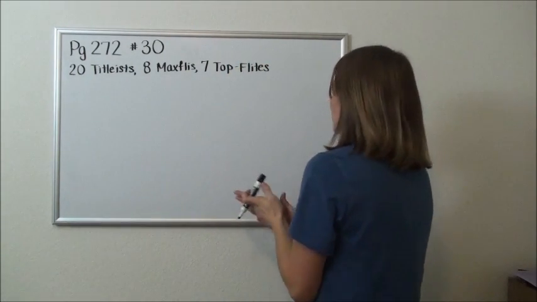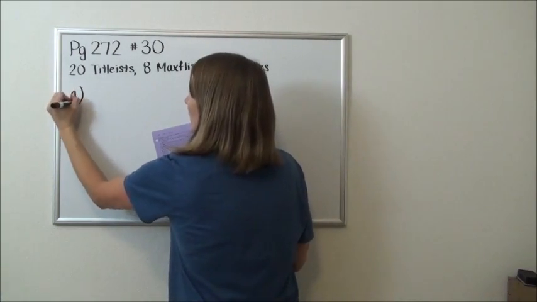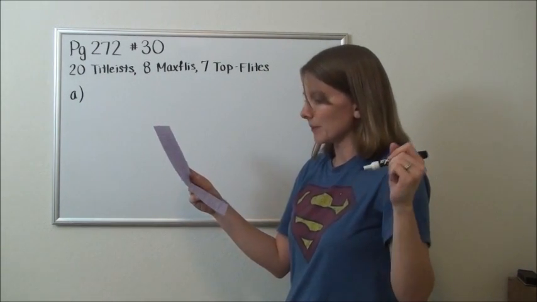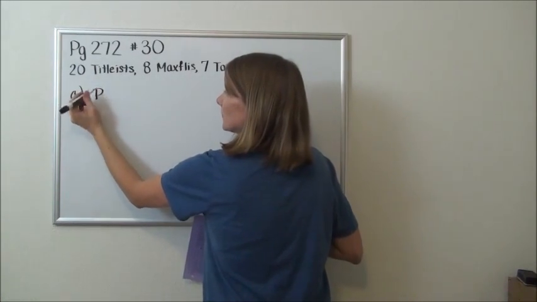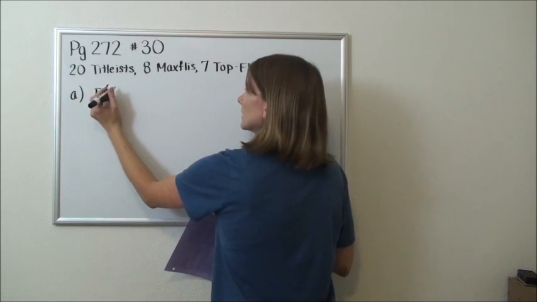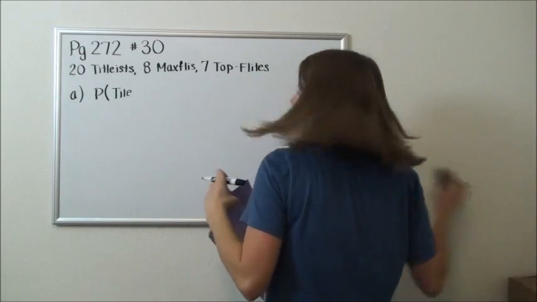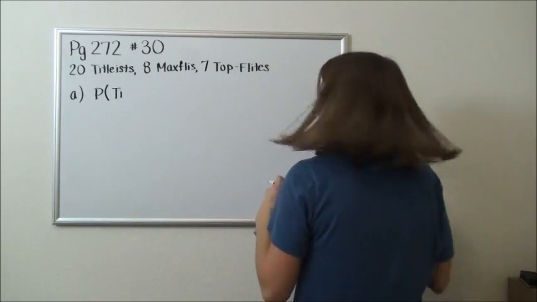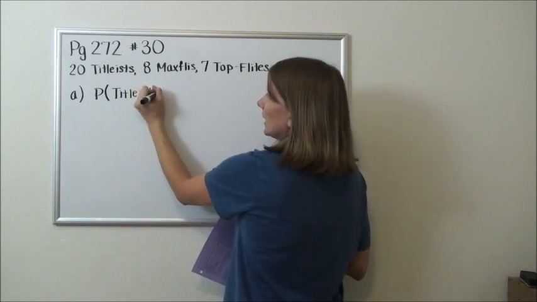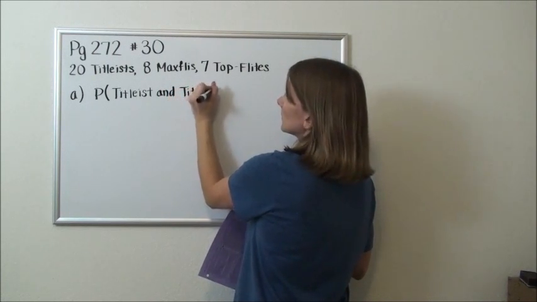All right, so we've got several different parts to this problem. For part A, they want us to find the probability that 2 randomly selected golf balls happen to both be Titleists. So the way I'll write this is, what's the probability that when I grab a ball out of the bag, the first one I get is a Titleist, and the second ball I grab is another Titleist.